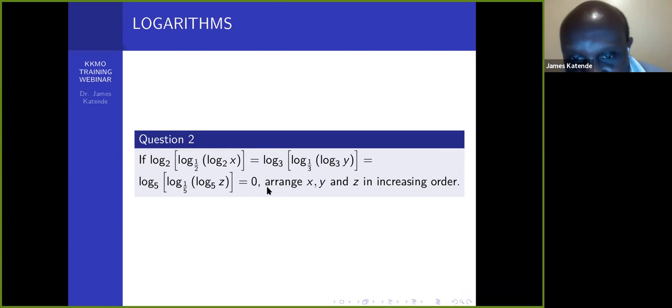So the task is to arrange x, y, and z in increasing order, from the smallest to the largest, based on the information.